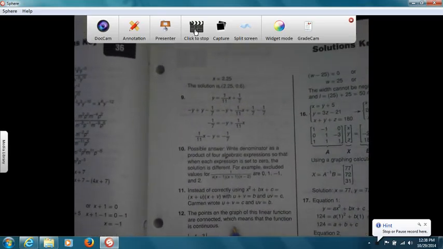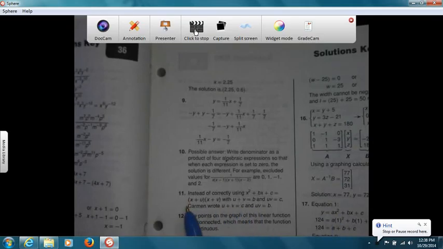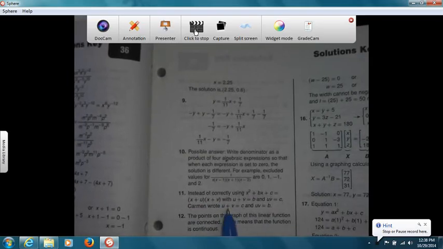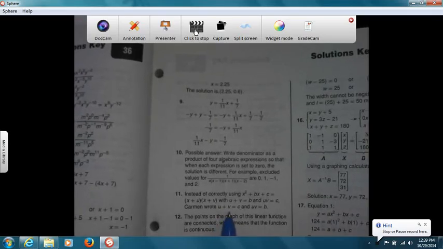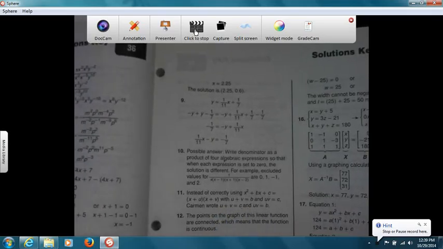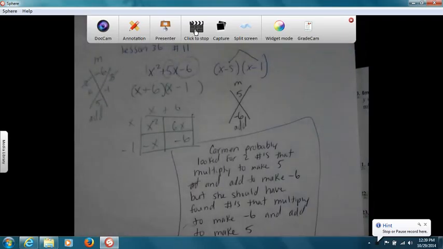You know how we said they have to add up to make blah, and they have to multiply to make blah? They just gave letters of the alphabet for it. But I like how we said it better. That's crazy looking, huh? That's just another way of using symbols to say what we said. She was looking for the wrong thing. The adding and multiplying thing, she had it reversed. Okay, that was number 11.